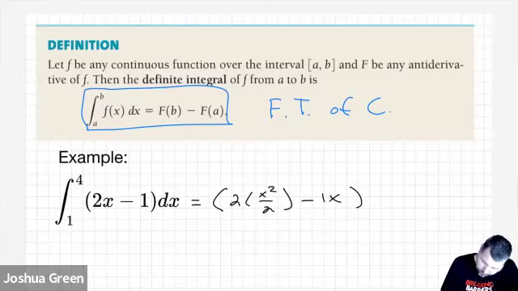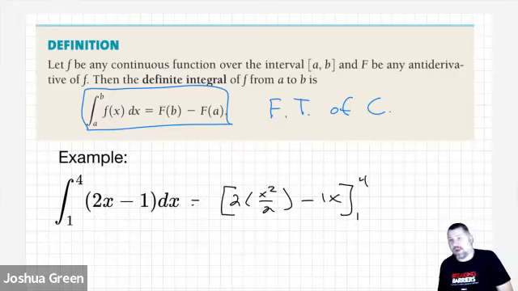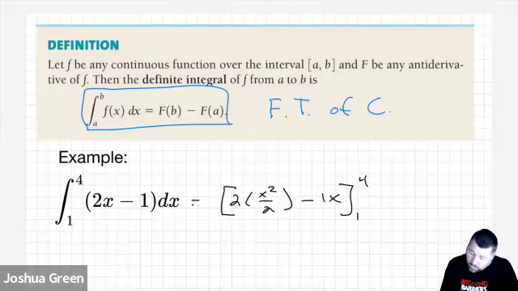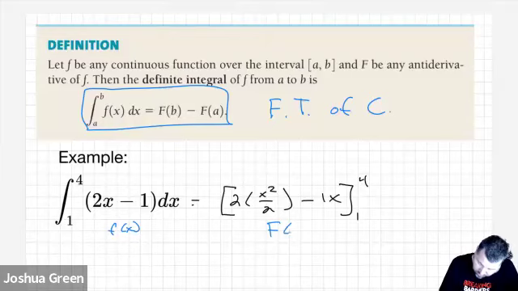Oftentimes, instead of using parentheses, a great way to write this is using brackets. And we're going to keep the 1 and 4 on the outside of the bracket so that we don't lose what we're trying to find. Make sure you remember here, if this is f of x, this is our antiderivative, uppercase F of x.